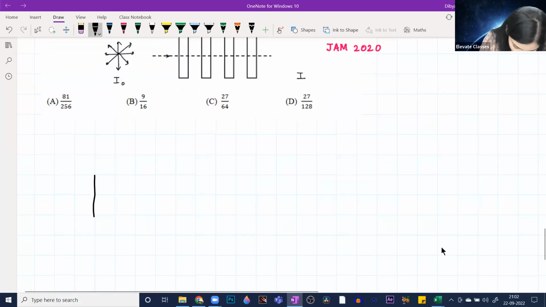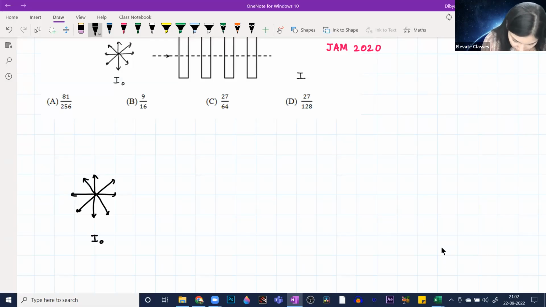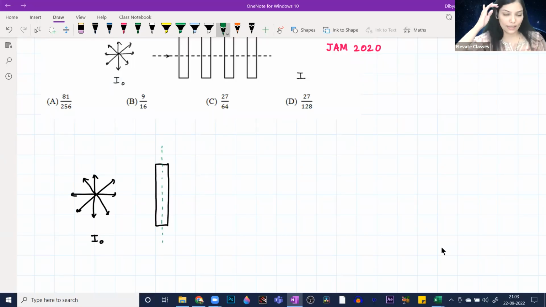So the input beam which is coming is of I0 intensity. ठीक है, now it is falling on my polarizer. This is my polarizer. So I am choosing, this is the pass axis. I'm starting with the axis which is parallel to Y right now.